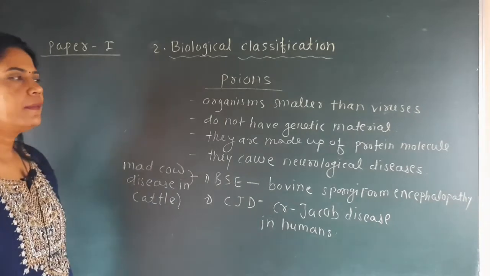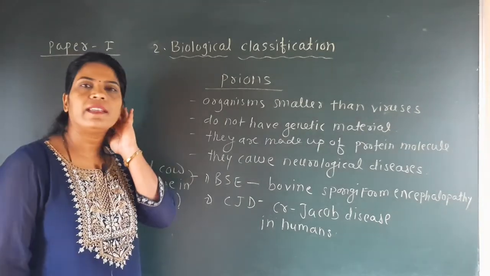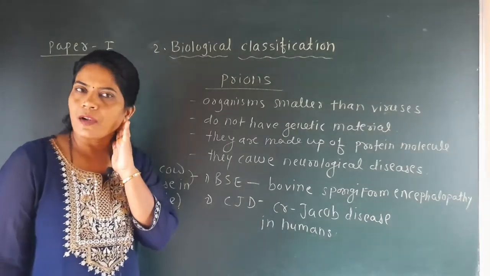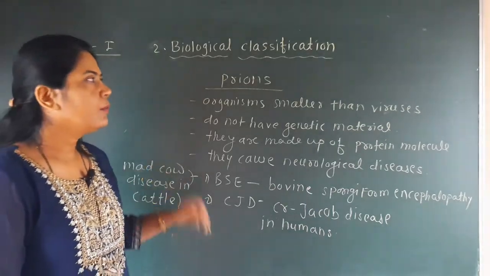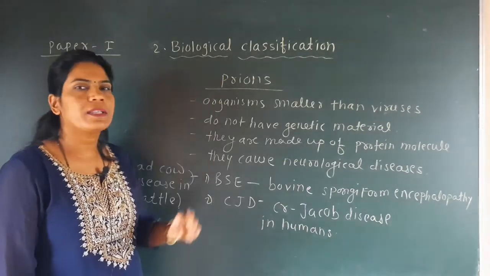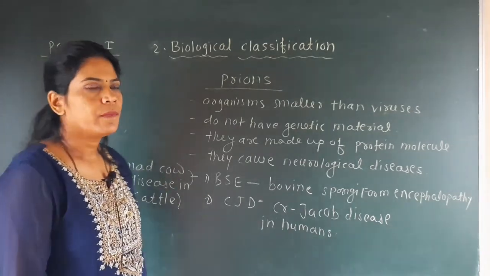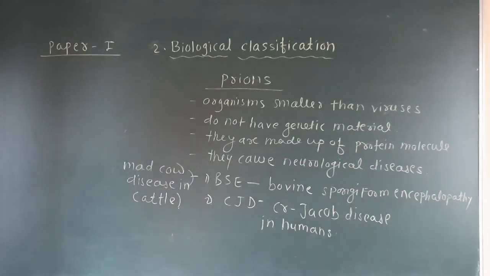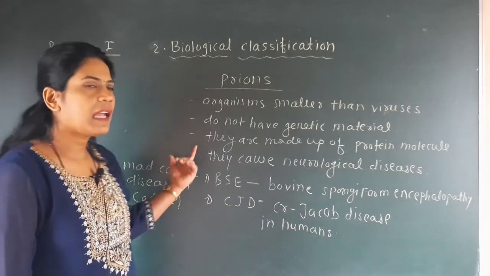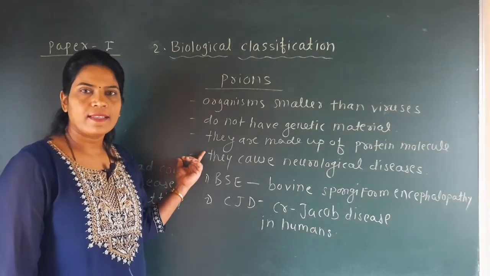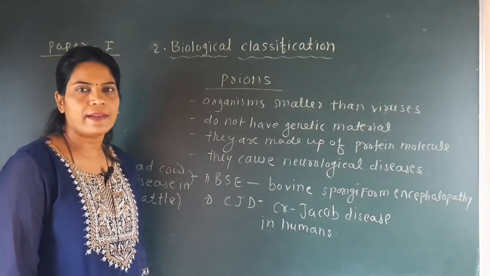So students, we are now discussing the last part of our NCERT book under biological classification, and this is about the prion. So what information is given about prions? One more important thing is that in the last year's books of NCERT, this prion term is added.